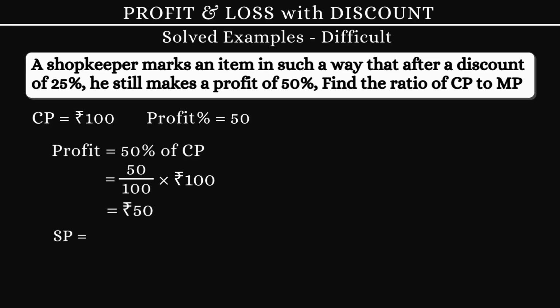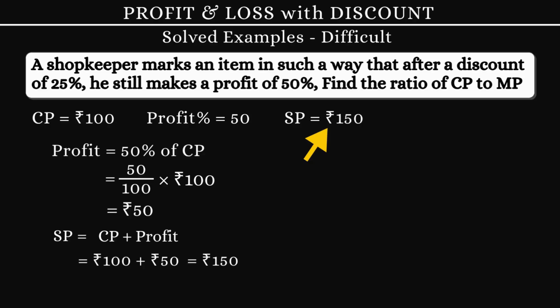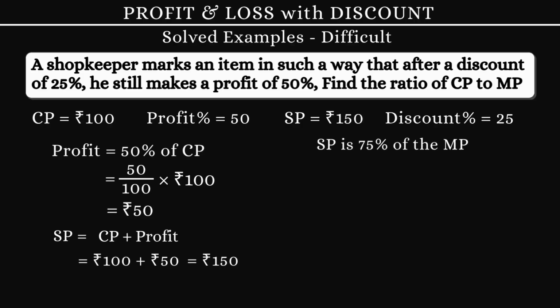And the selling price will be the cost price plus the profit. 100 plus 50 will become 150 rupees. This selling price should also be the price after the discount of 25% on the marked price. So if there is a 25% discount on the marked price, the customer will be paying 75% of the marked price.